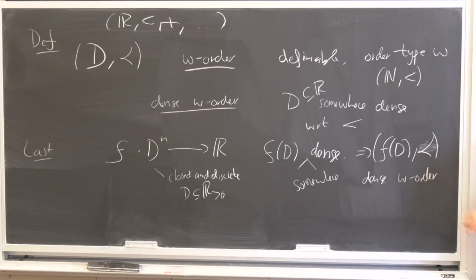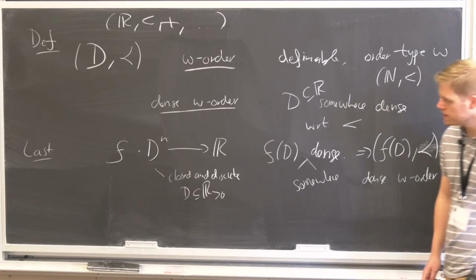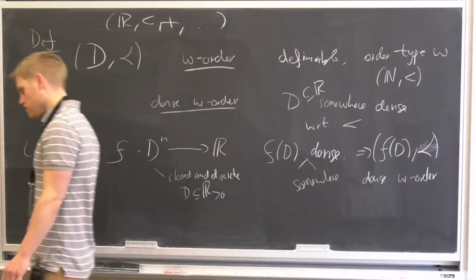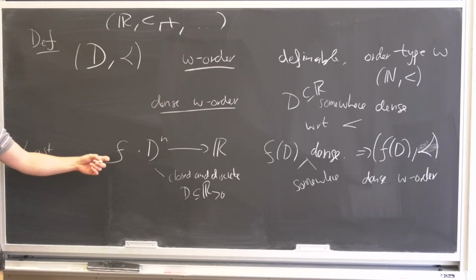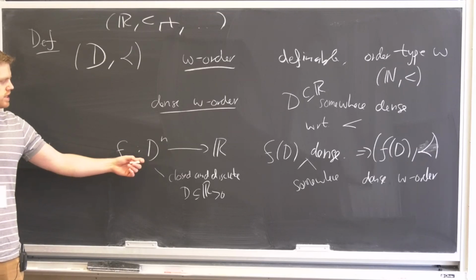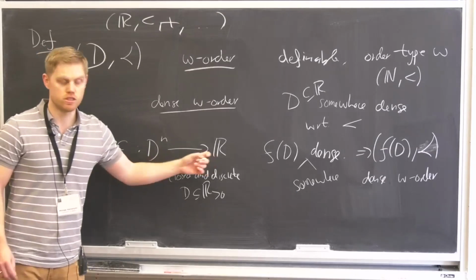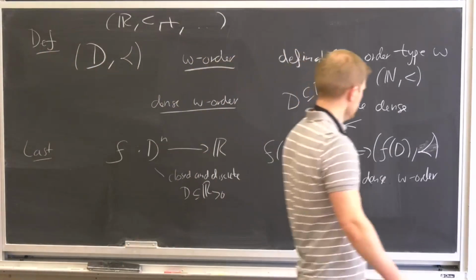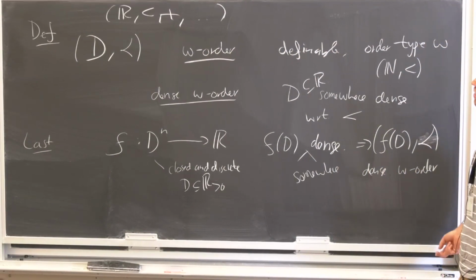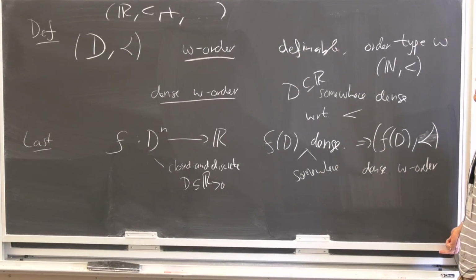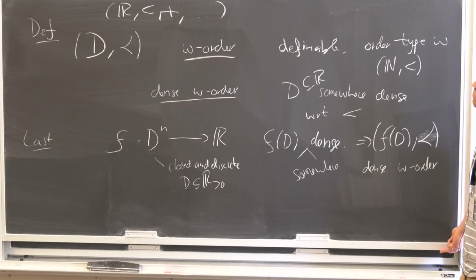We said that if you know that a set D is omega orderable, then any power is omega orderable. And if you have a set that is omega orderable, then also the image is omega orderable.